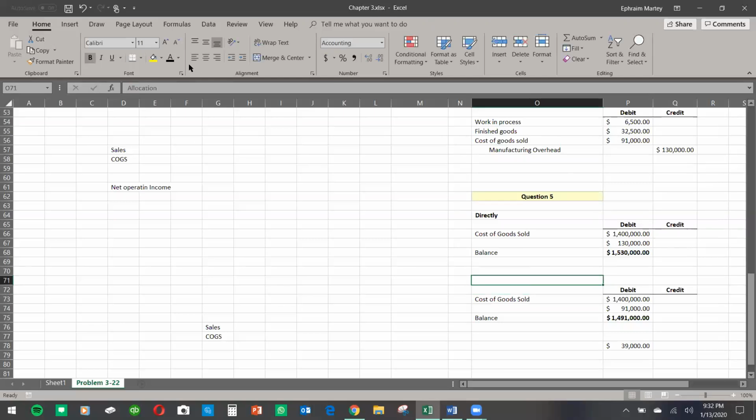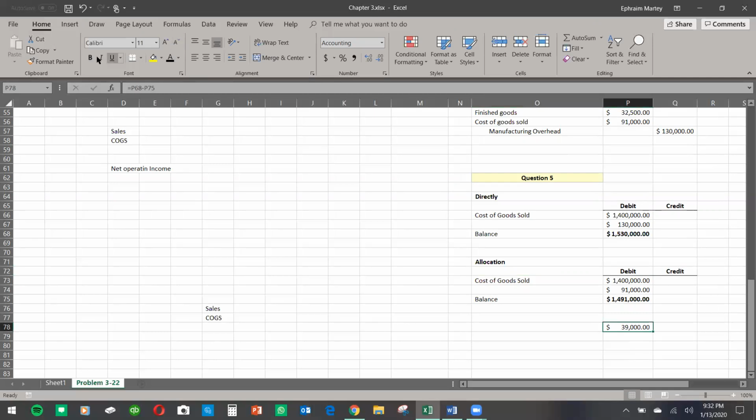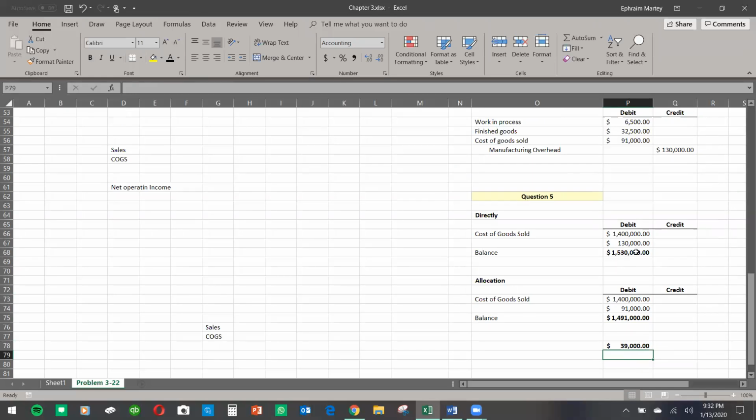So we have 39,000 as the difference. That means when we did it directly, cost of goods sold was higher, so our net operating income was lower. When we allocated, cost of goods sold was lower, so our net operating income would have been higher by $39,000.